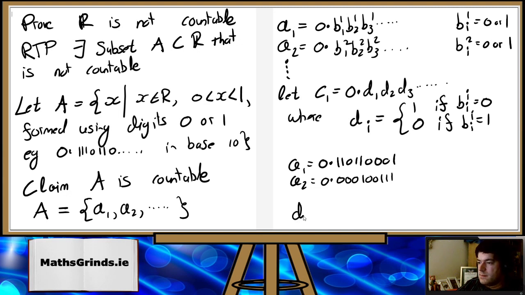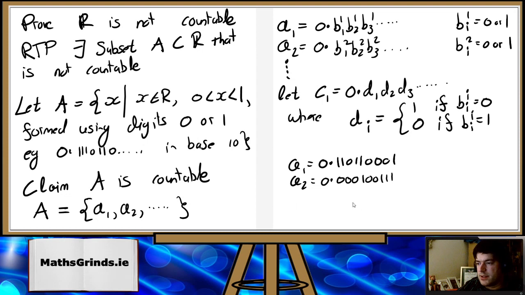Then C would be 0. Since the first digit here is a 1, I'd use a 0. And since the second one here is a 0, I'd use a 1. And so on. I just look at the first digit here and flip it, look at the second digit here and flip it, look at the third digit here and flip it.